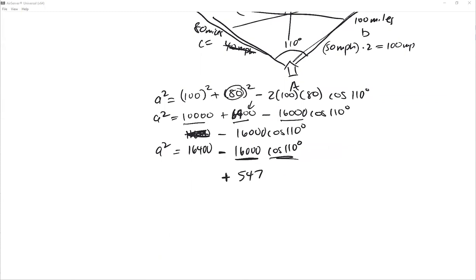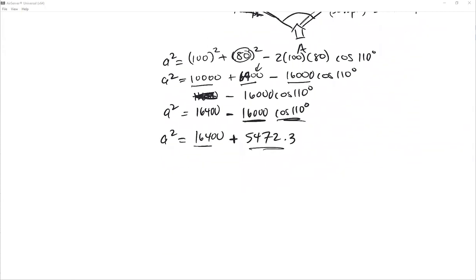Then add 16,400 plus 5,472.3, which is equal to 21,872.3.